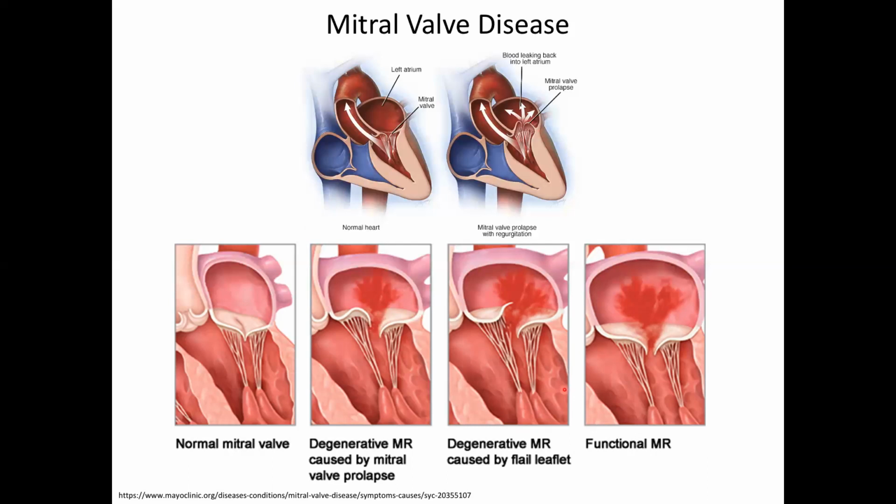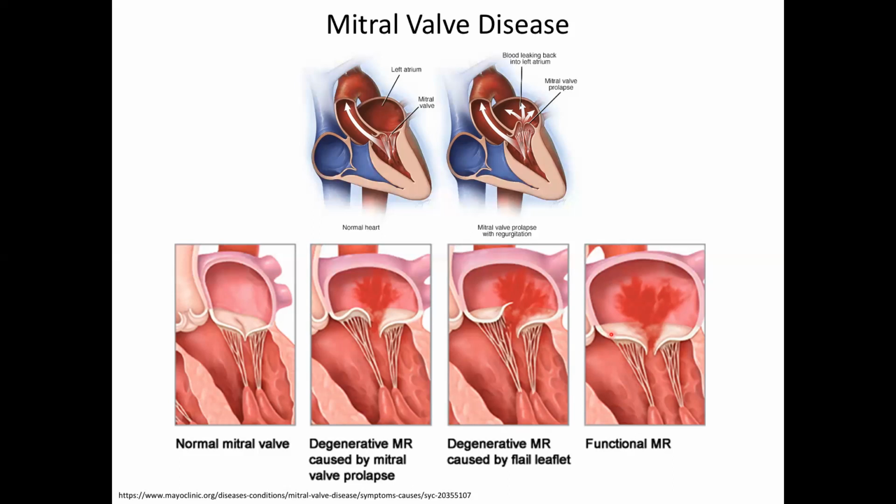And then functional mitral regurgitation is when the heart itself goes into heart failure and the left ventricle dilates into a larger left ventricle, and it can actually dilate into a big spherical ball. And as it gets bigger and bigger, it pulls apart the distance between the opposite sides of the mitral leaflet.